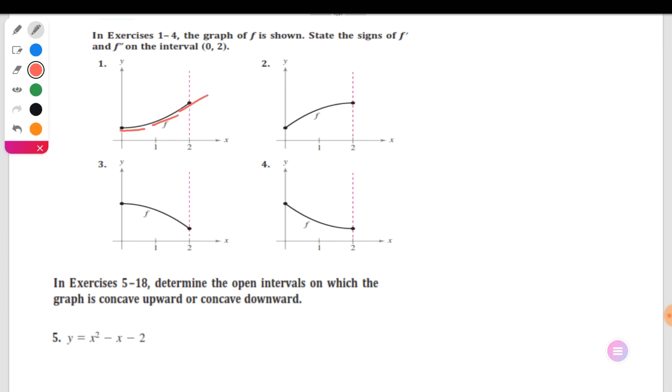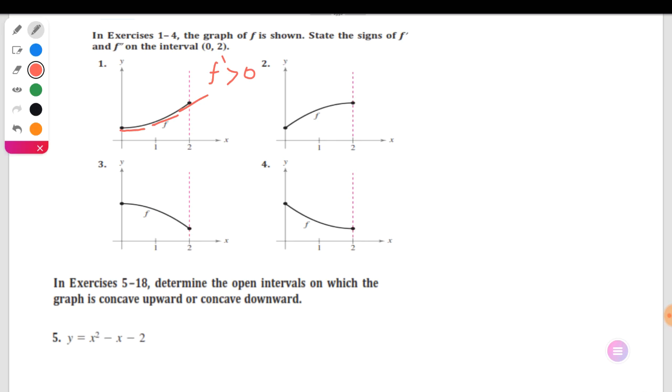In this case, the slope of the tangent at each point of the graph of this function on this open interval is positive or negative? It is positive, right? So the first derivative is greater than 0, because the first derivative is the slope of the tangent.